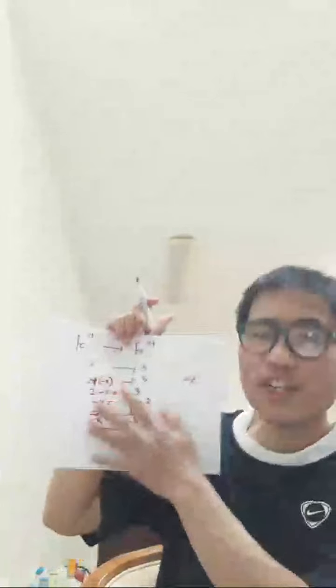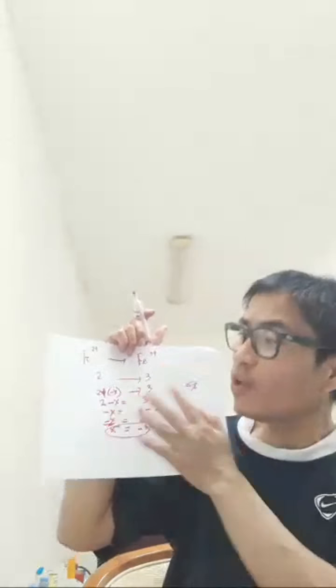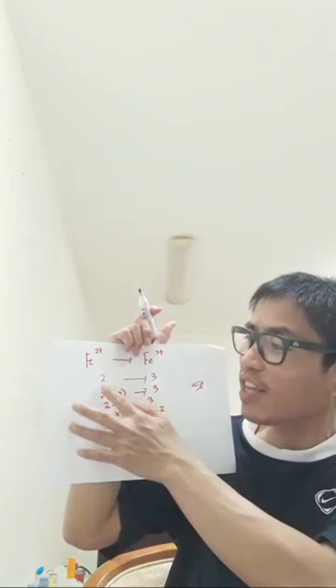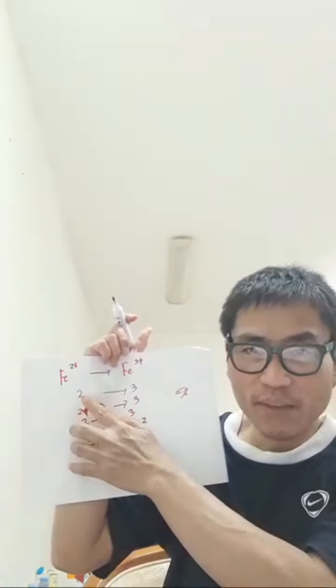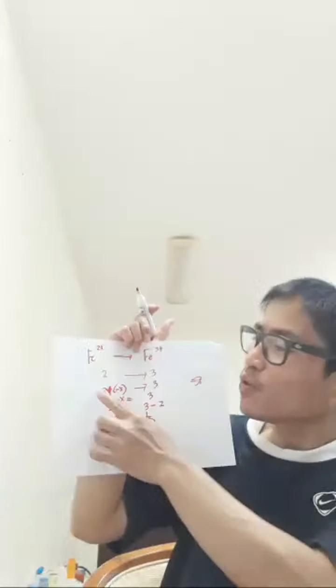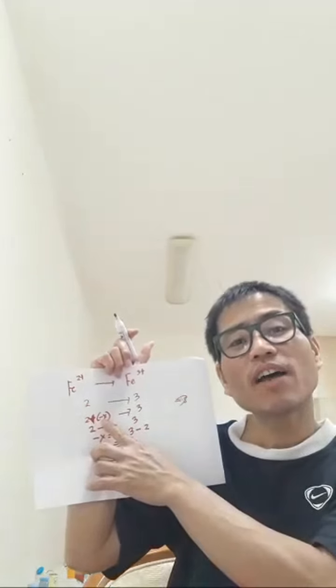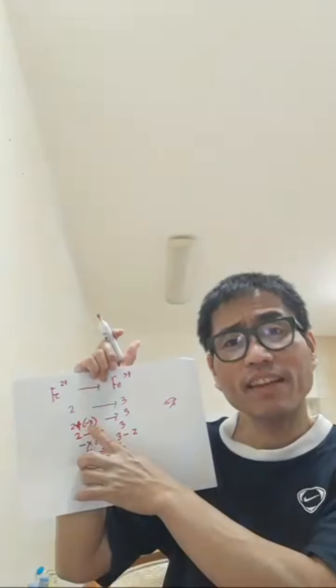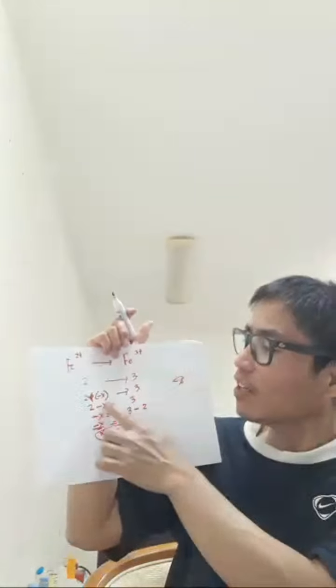So let's assume first that we need to add electrons on this side, which is 2. Actually, we know that the charge of iron is deficient, so we will add here. For the principle, 2 plus negative x. Why negative? Because electrons are negative, so I automatically put negative x, is equal to 3.